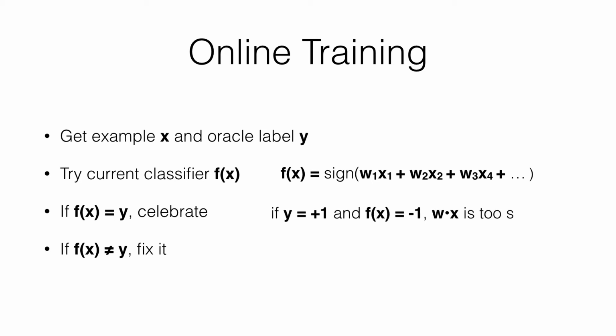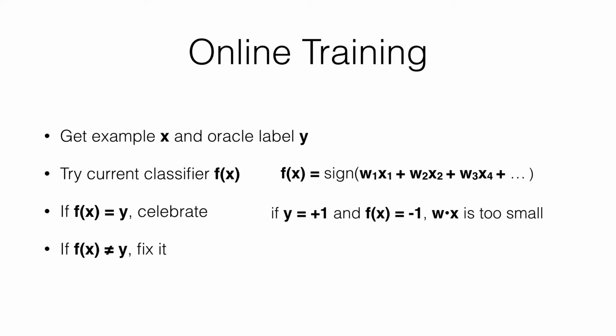So there's some score inside the sign, and the question is, what types of errors can we make? The first type of error is that the true label is +1, and our f of x predicted -1, which means the score ended up negative. Our score was below 0. Intuitively, the correct way to fix that is to move w so that w times x is no longer negative, or in other words, make w times x a little bit bigger because it was too small.